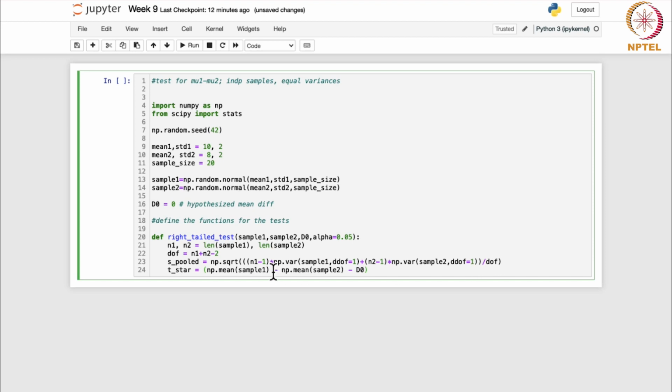right? So x1 bar minus x2 bar minus d naught, whole divided by s pooled, because in the denominator you have s suffix p, so s pooled into np.sqrt of 1 over n1 plus 1 over n2.